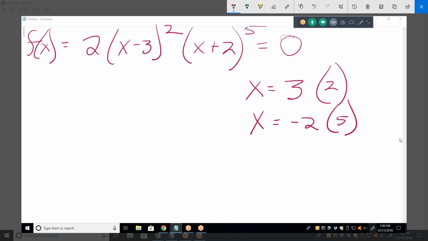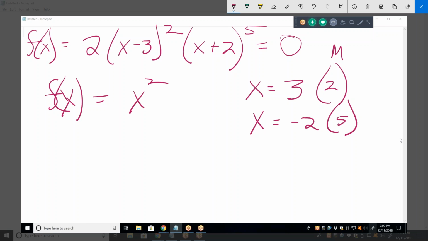Now, it's real simple after here. If you have an even multiplicity, it's tangent to the x-axis. If you have an odd multiplicity, it passes through. One way to remember that is if I have y, or we'll call it f of x, equals x squared.